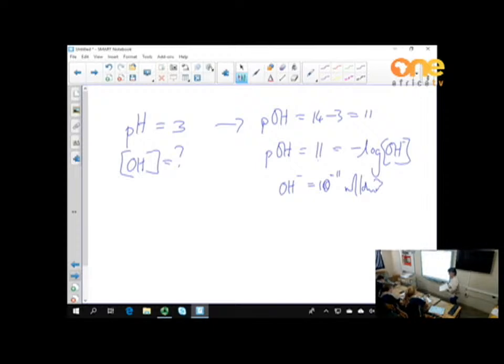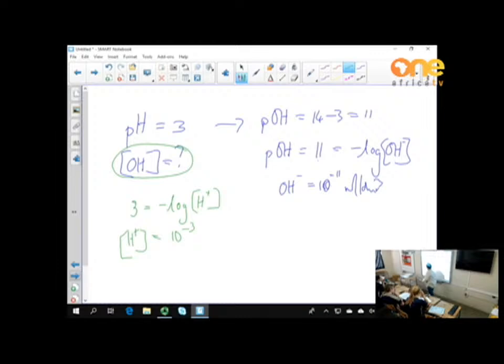Do you follow? Okay. Must I do the other way of doing the calculation? I can quickly do it. All right. If pH is 3, then we have 3 is equal to minus the log of the hydrogen ion concentration. So the hydrogen ion concentration is 10 to the power minus 3 moles per cubic decimeter. Now we don't want that, we want the hydroxide ion concentration.